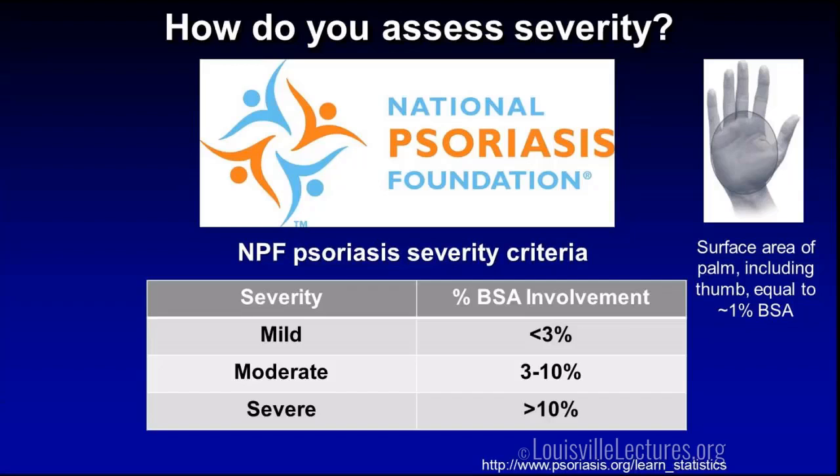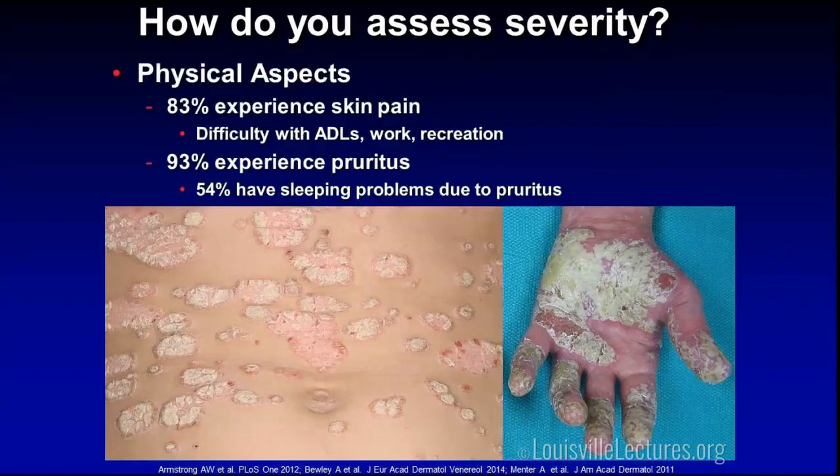If you have greater than 10, which really, when you think about it, is not that much, it's considered severe disease. And I think we've already seen that 10 palms worth of psoriasis is associated with a significant amount of systemic inflammation. So it really doesn't take that much body surface area involvement before you're really seeing a patient who has significantly increased risk of a number of comorbid diseases.